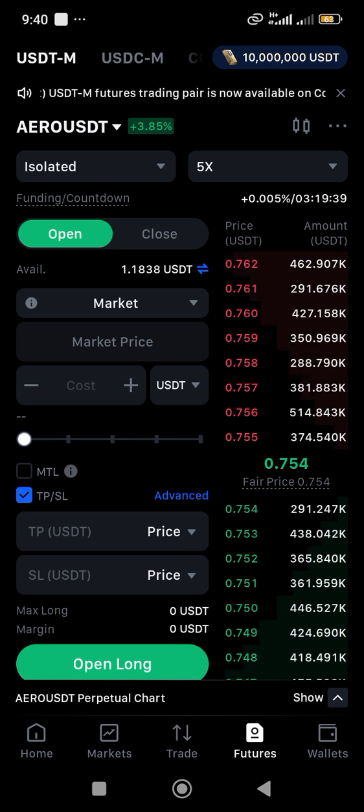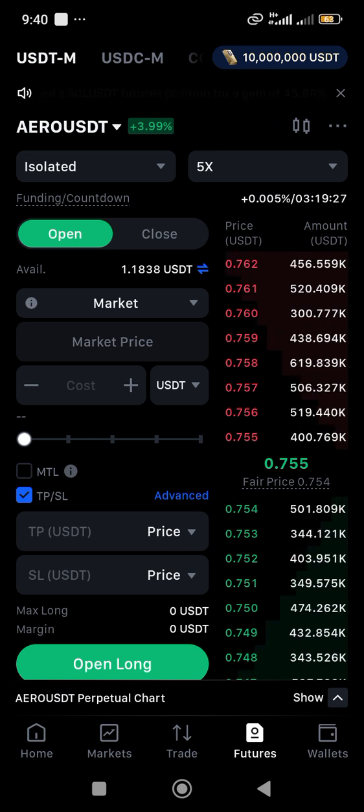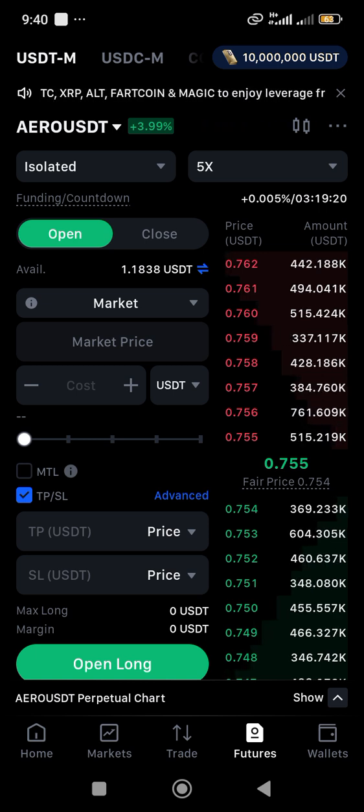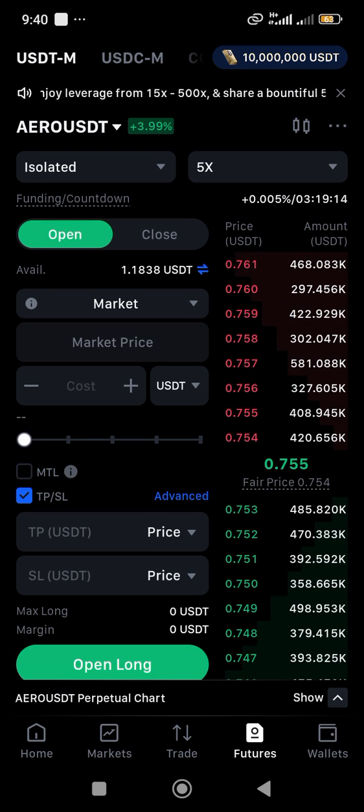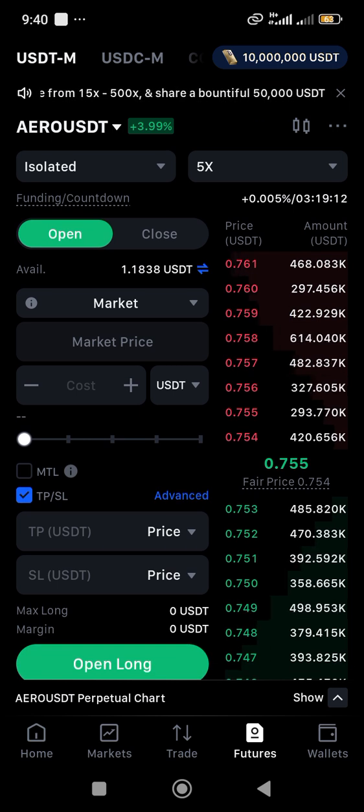If you are just starting out, or if you want to use high leverage, make sure you are using it on a trade that you are sure will go in your favor, so that you will win. If you win on a high leverage trade, you make a lot of profit. But if you are losing on a high leverage trade, you will lose more. I believe this is clear.